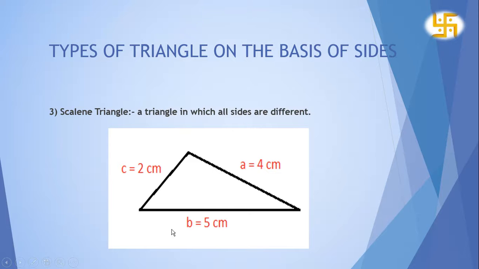Here a, b, c are not vertices; we give names to the sides. a equal to 4 cm means the length of this side is 4 cm. The name of this edge is b, which is equal to 5 cm. The name of the third edge is c and its length is 2 cm. Because all these sides are different, it is a scalene triangle.